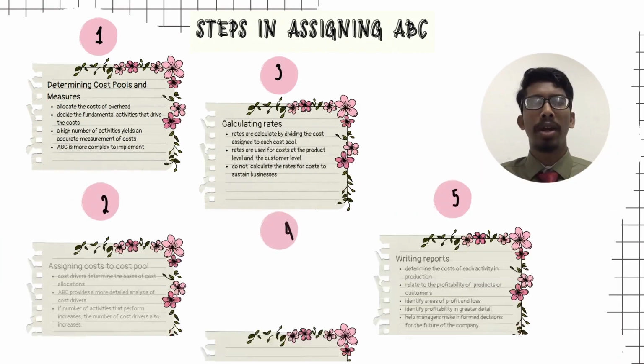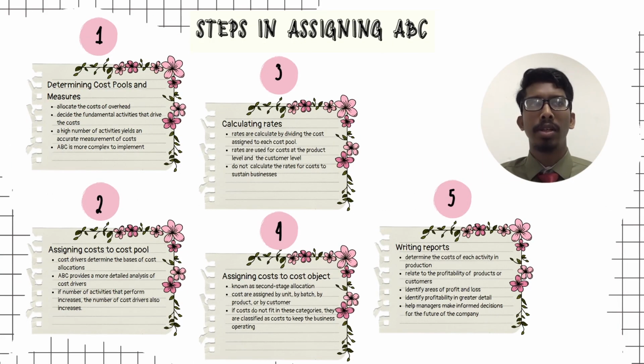Now let's look at the steps in assigning ABC. The first step is determining cost pools and measures. It is important for managers to determine the appropriate cost pools to allocate the cost of overhead to. They need to decide the fundamental action that drives the cost, although it can be difficult for supervisors to identify.